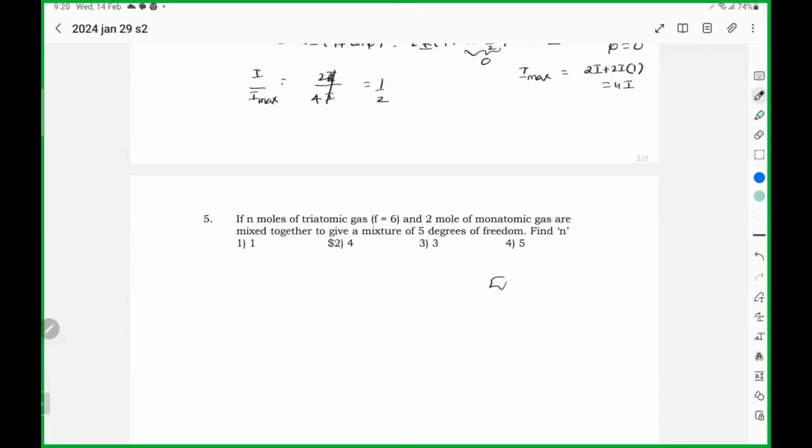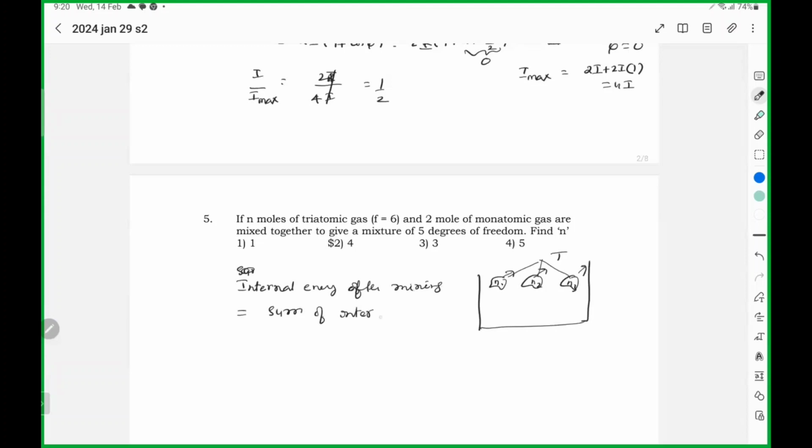When different moles of gas with different degrees of freedom are mixed at a common temperature, meaning thermal equilibrium, then the internal energy after mixing is equal to the sum of the internal energies of all gases.